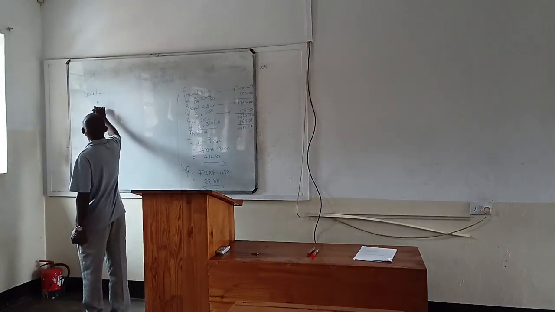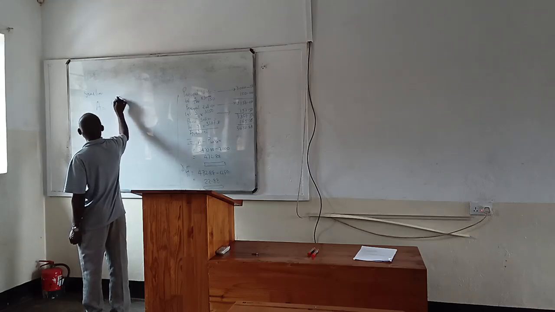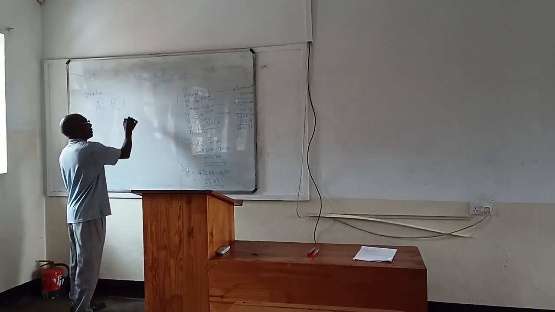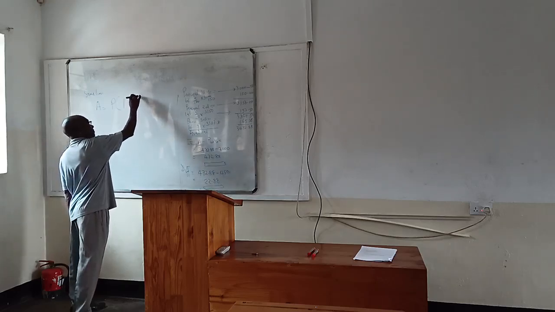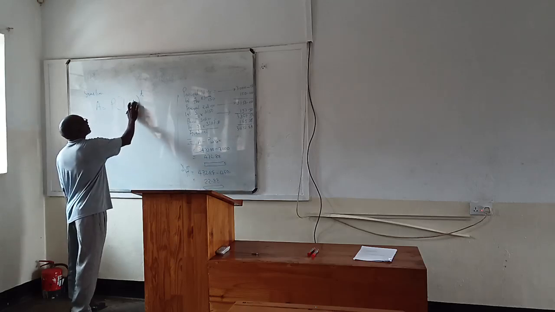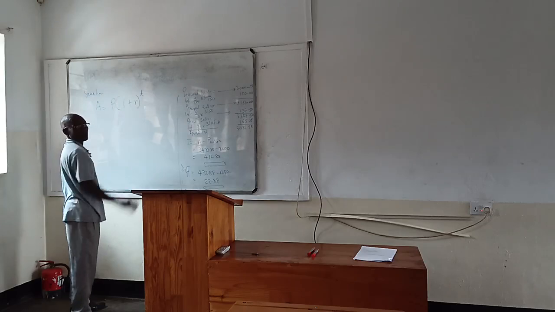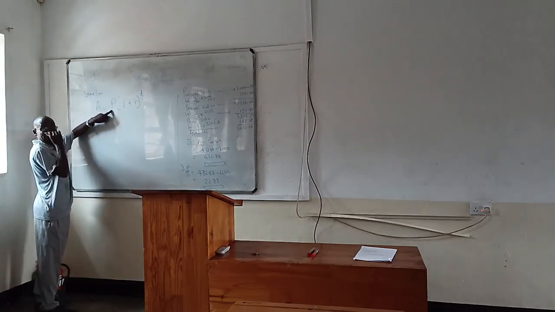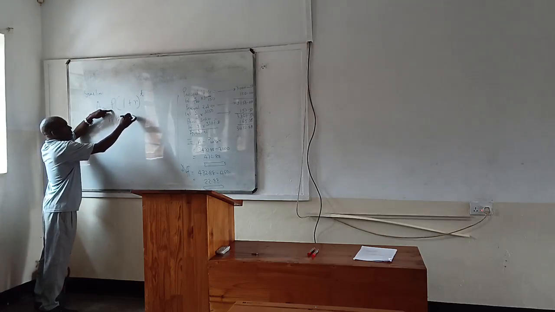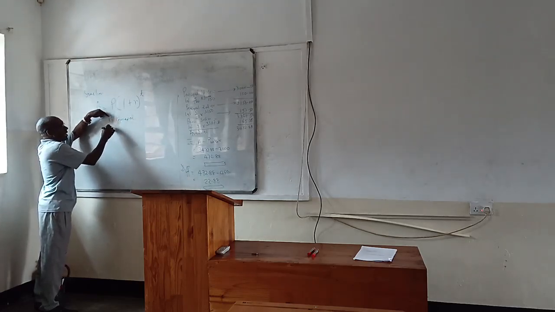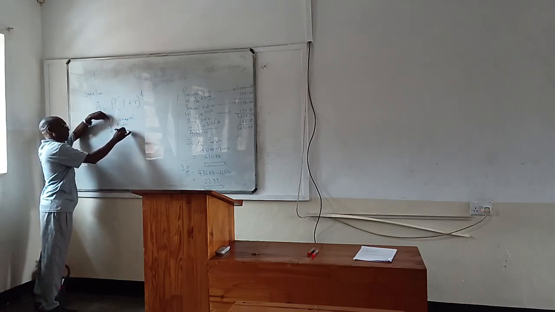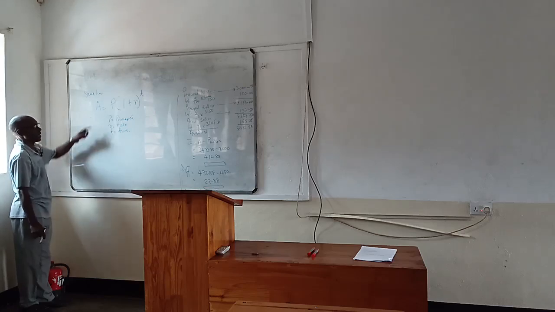Amount is equal to principal, open bracket, 1 plus R, to the power T. Where P is the principal, the 1 is the ordinary one, R is the rate, and T is time, to find the amount.